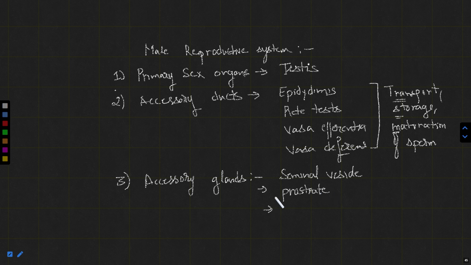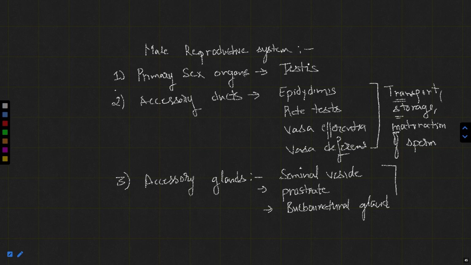And the third one is what? Bulbourethral gland. Clear? So these are the accessory glands: seminal vesicle, prostate gland, and the bulbourethral gland.